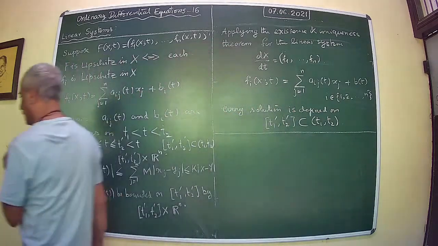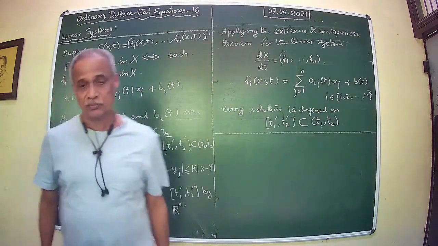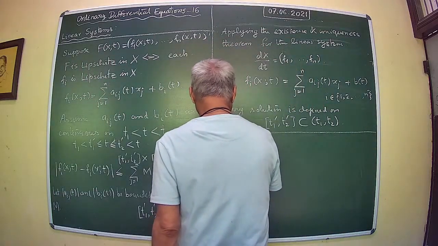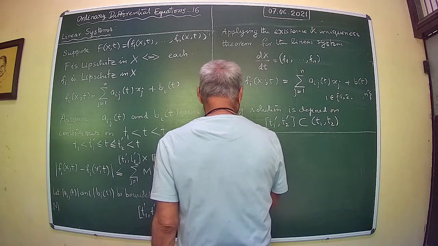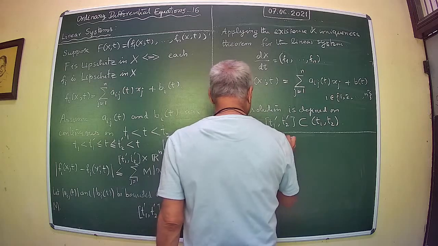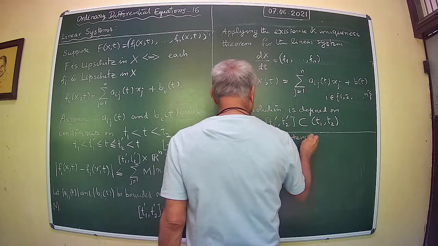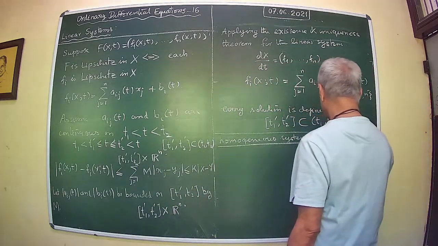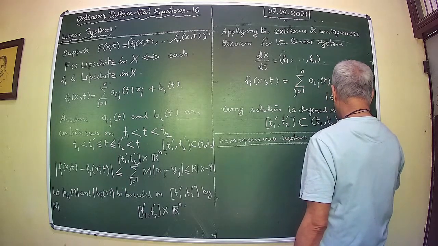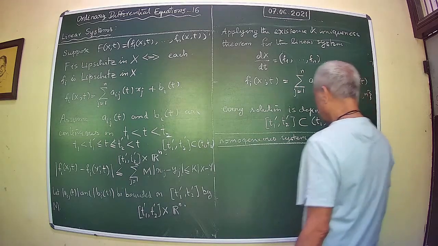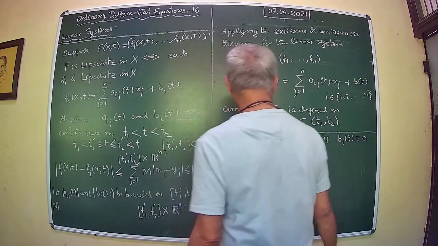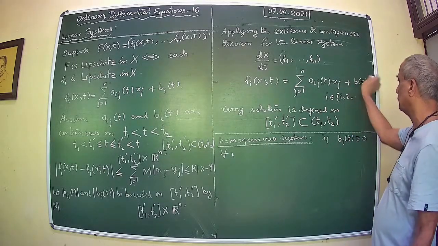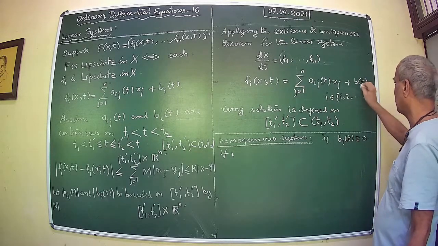Now let us start looking at this system more closely. Let me make some definitions. Homogeneous. We say that the system is a homogeneous system if b_i(t) is equal to 0 for all i. That means this part is not there.